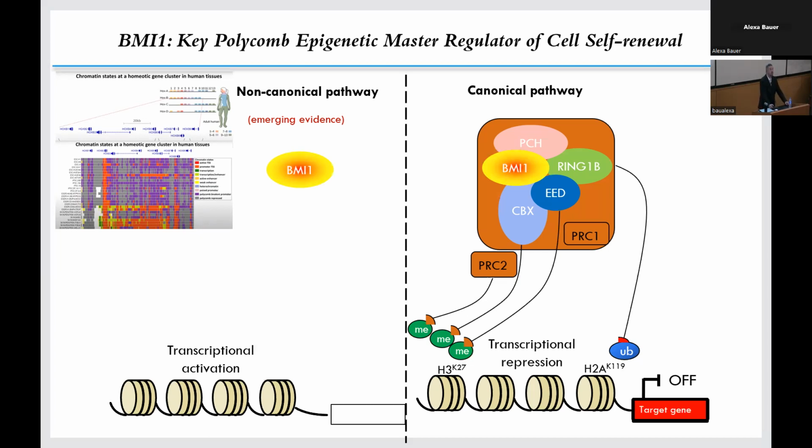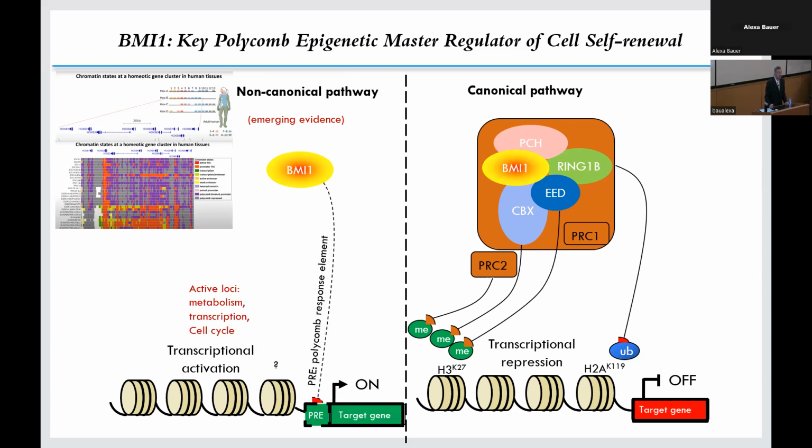There is a whole new field now, just started in the last few years by 2 papers in flies, not yet, I have to admit, reproduced in mammals, that there is evidence that BMI1 is involved in transcriptional activation.